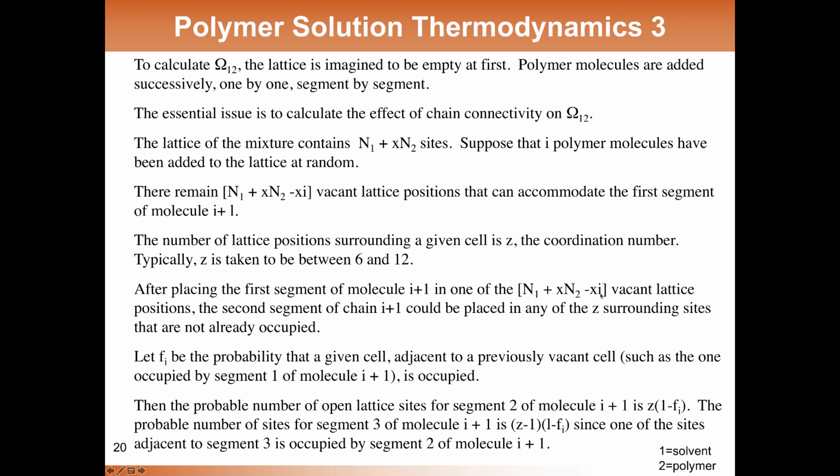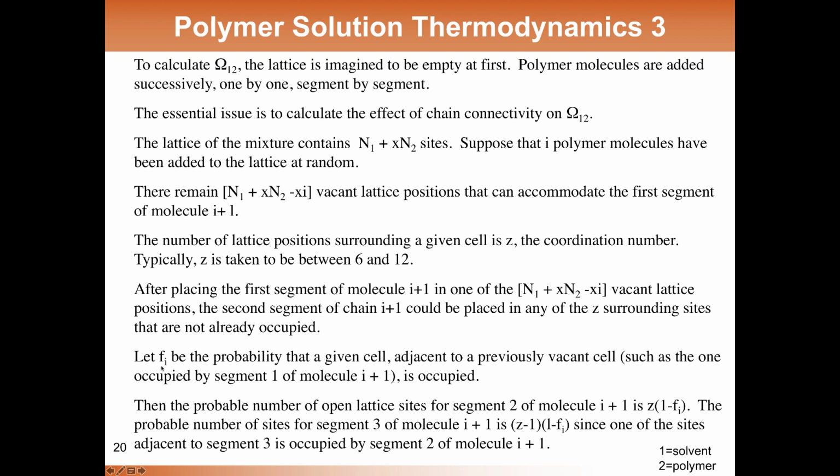If you place the first segment into one of the open sites as shown here, and that second segment weren't connected to the first segment, it could go into a bunch of sites, N1 plus Xn2 minus Xi minus 1. But because the second segment of the polymer chain is connected to the first segment, it can only go into a few of the surrounding sites that are nearest neighbors, these so-called Z surrounding sites, and it can only go into those that are not already occupied.